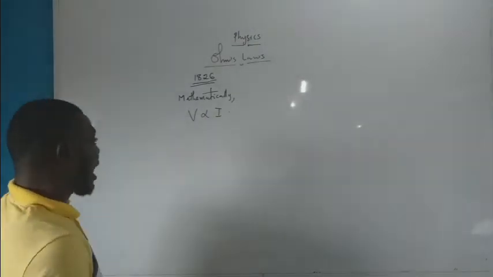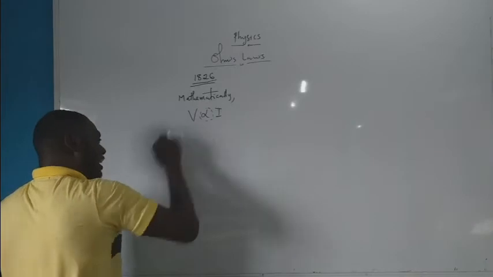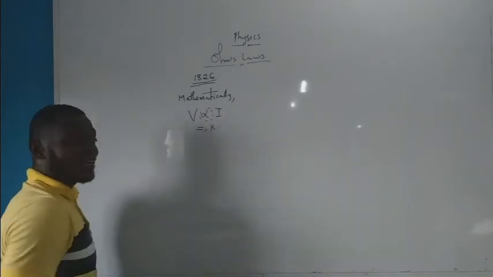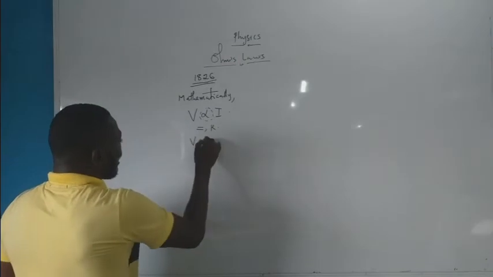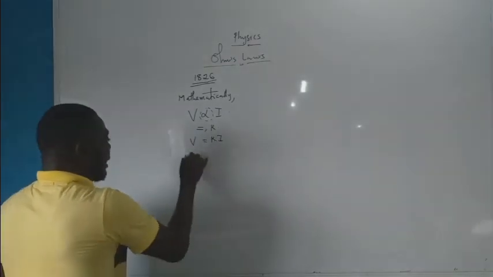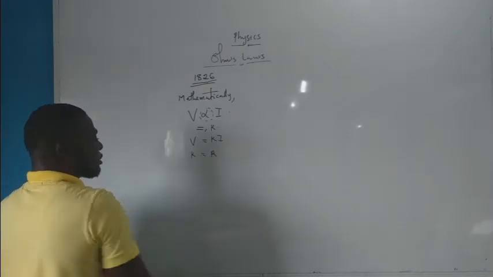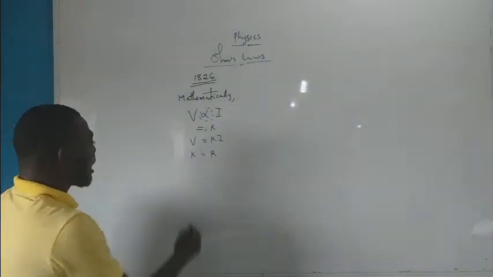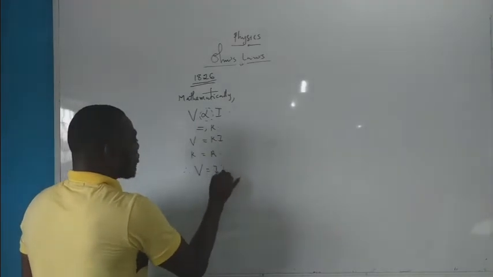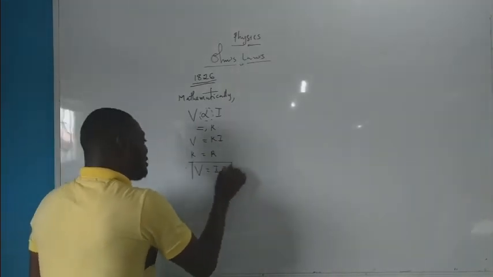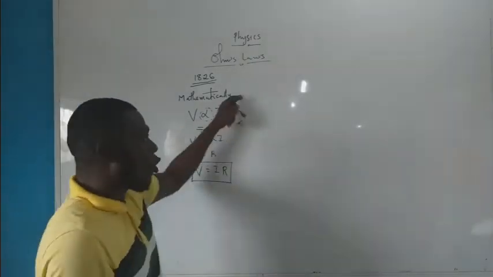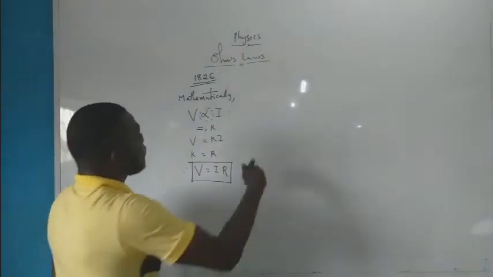To remove this sign, you apply equals to, followed by a constant K. So V equals K I, where K equals R. Therefore we have V equals I R. This is the mathematical representation of Ohm's Law.